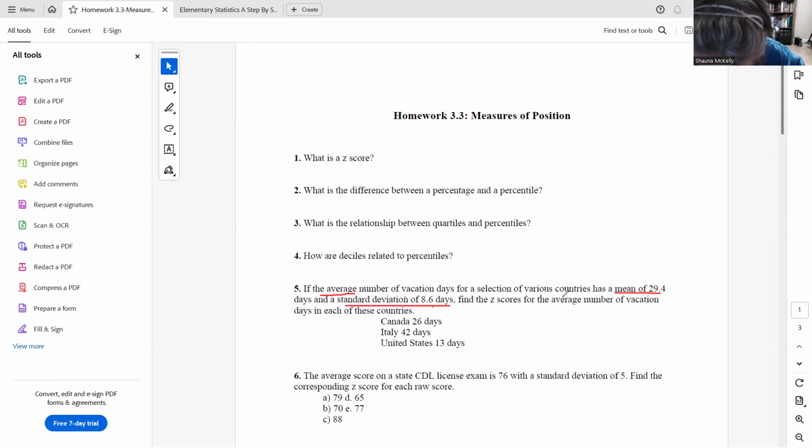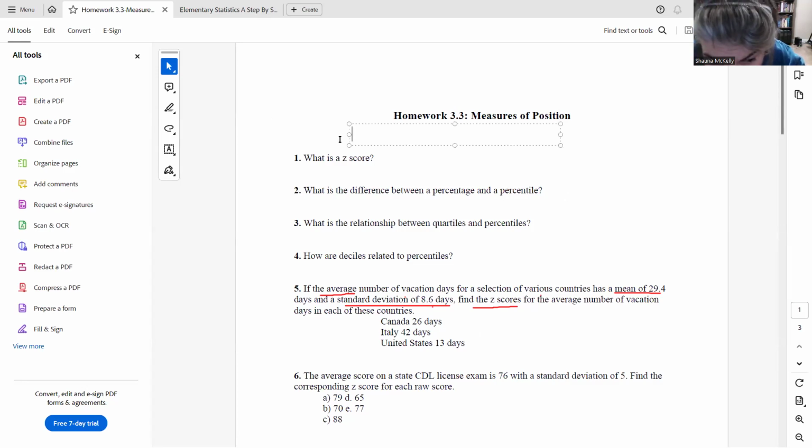So notice, we want to find the z-scores. So we need 3 things. Because remember our term, we're going to do Canada. Canada has 26 days. So I'm going to do this here. I'm going to say that this is number 5, okay?